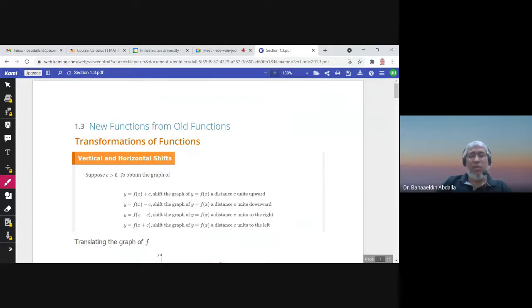This is section 1.3 and it's about new functions from old functions.